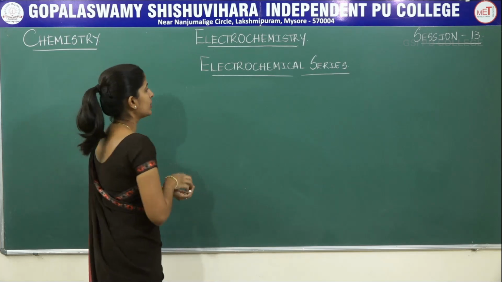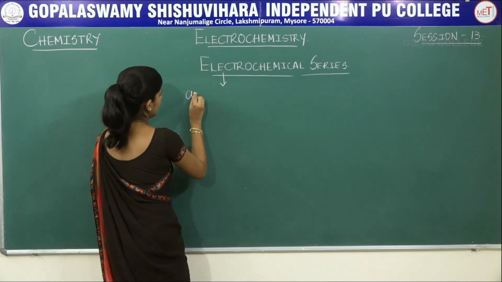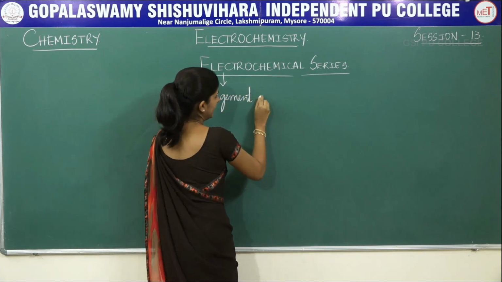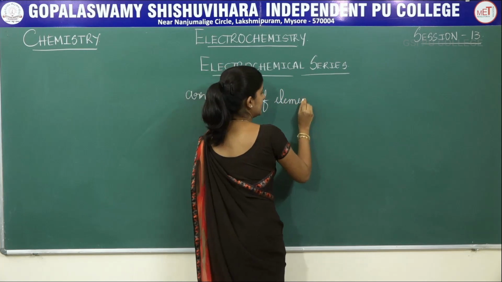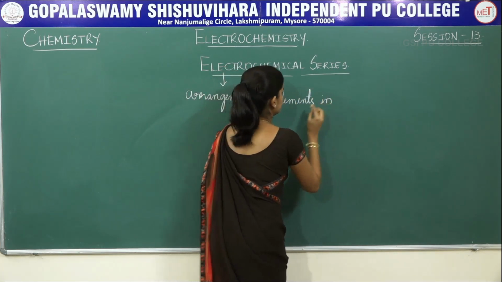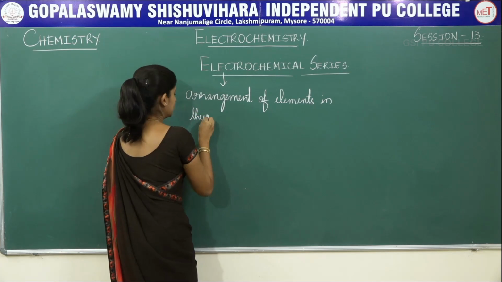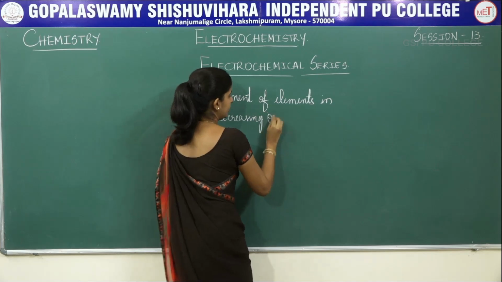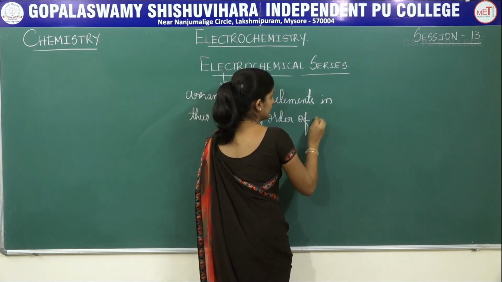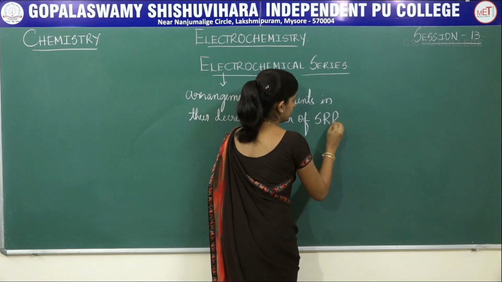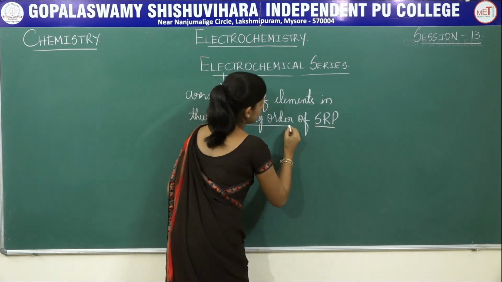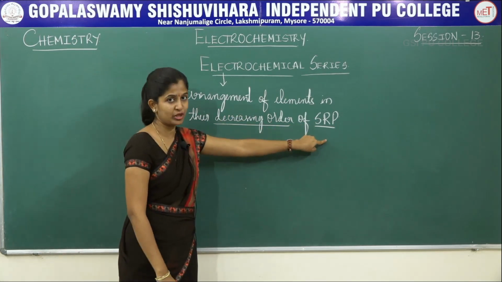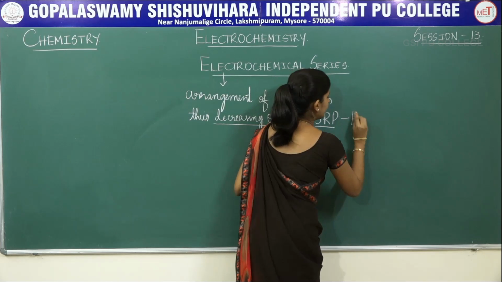So the electrochemical series is an arrangement of elements in decreasing order of standard reduction potentials, which is nothing but the electrode potential.